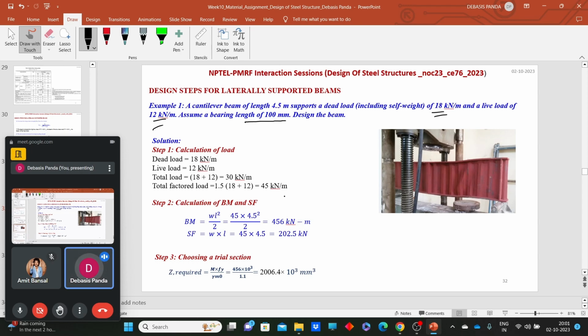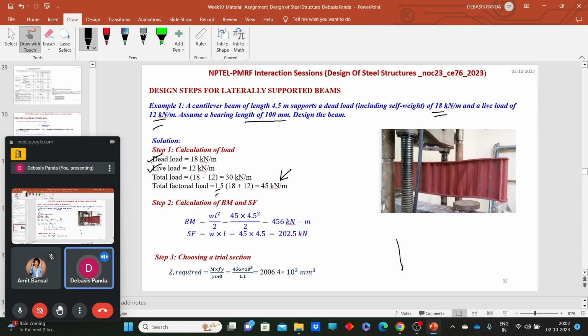So the first step should be the calculation of load. The dead load is 18 kilonewton per meter, and the live load is 12 kilonewton per meter. So what should be the total load? 18 plus 12, and now the factor of safety 1.5. So this is the total factored load which is applying on the cantilever beam.